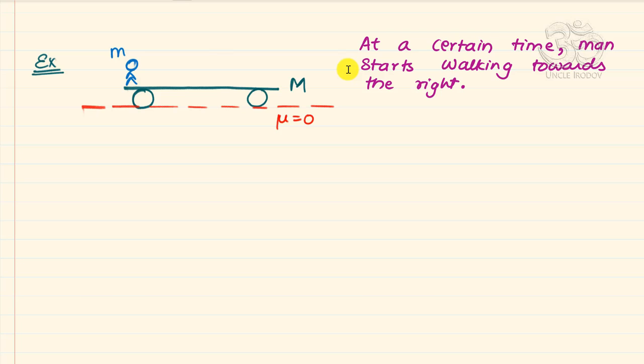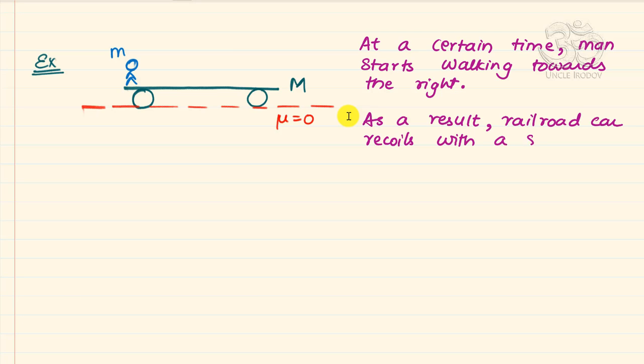Now, as a result, the railroad car recoils with a speed capital V. Find out the speed at which the man started walking with respect to the car.